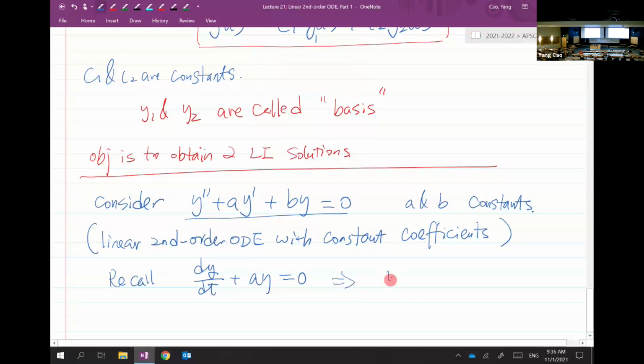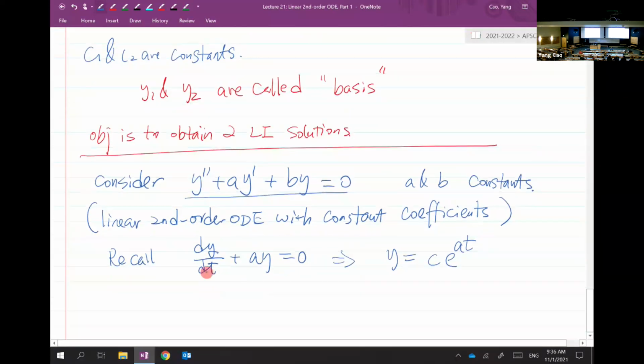So you get y equal to c e to the power of at. So the solution to this first order ODE is this, and that's the general solution. If you have an initial condition, you can put it in, you get a value for the c. So basically, as you can observe, the solution has an exponential function in it. So that's a first order one.